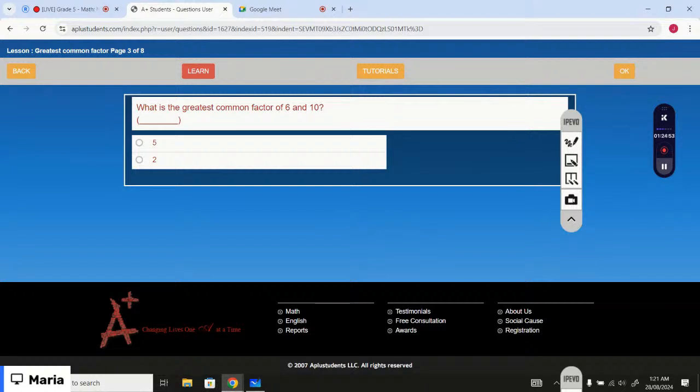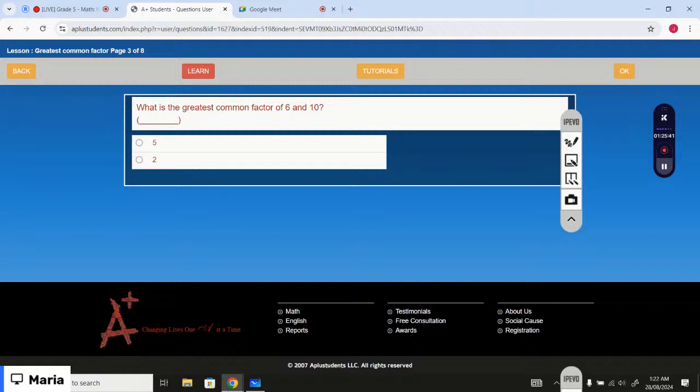What is the greatest common factor of 6 and 10? Which is the correct option? The correct option is 2.